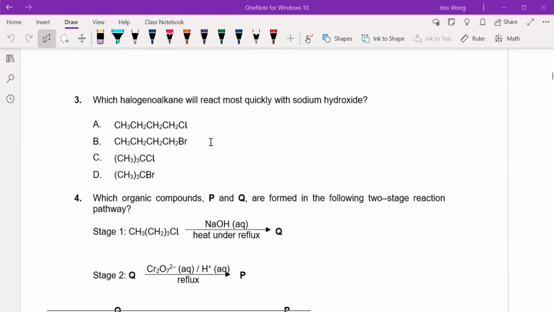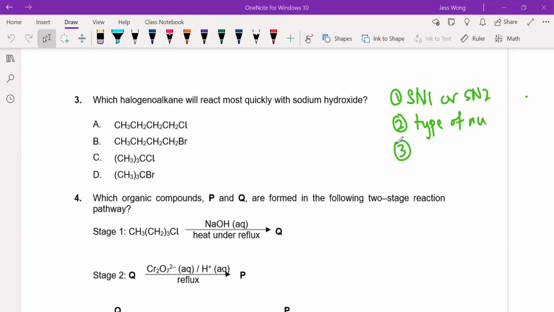Now, which halogenoalkane will react most quickly with sodium hydroxide? This is testing you on a different type of concept. Firstly, there are factors which affect the rates of halogenoalkane nucleophilic substitution. There are 4 factors. The first factor is whether it's an SN1 or SN2. The second factor is the type of nucleophile.